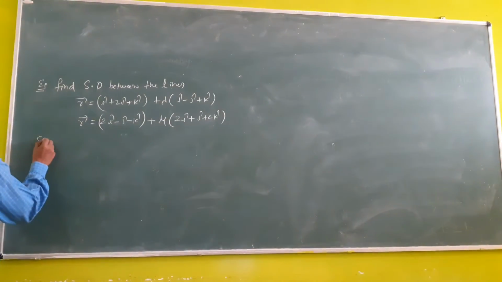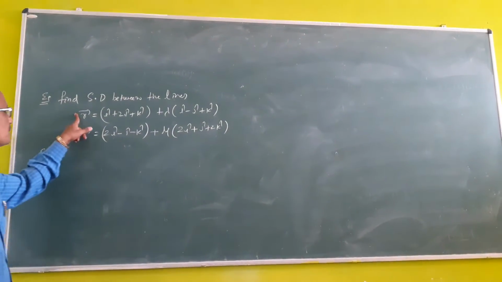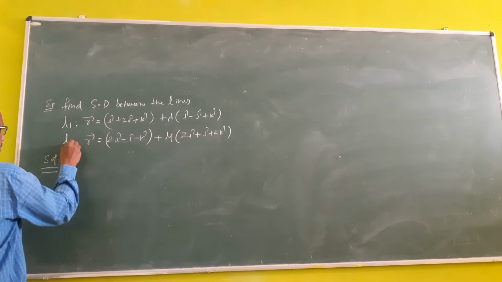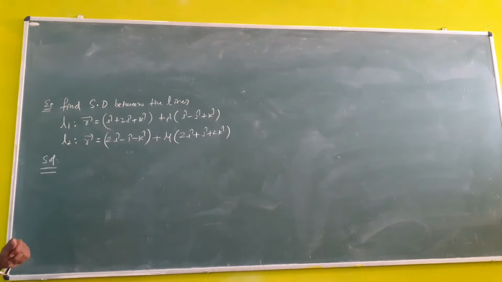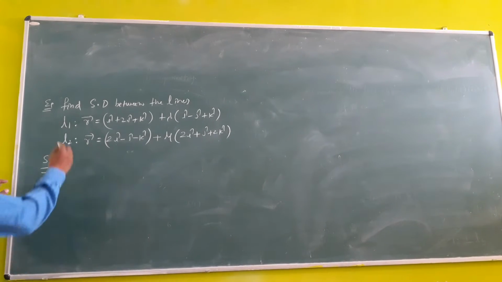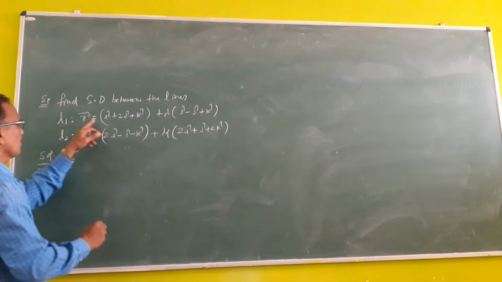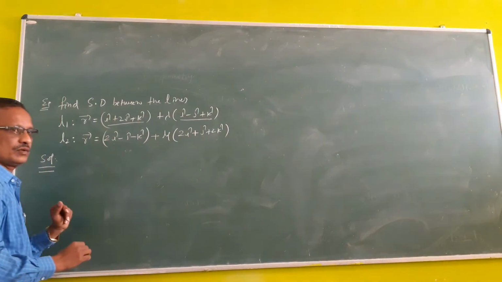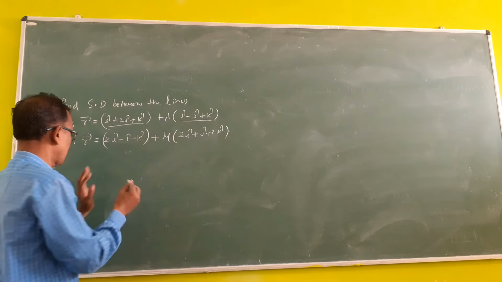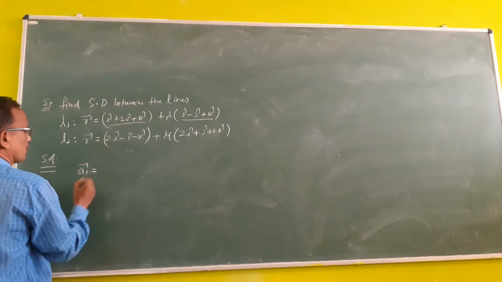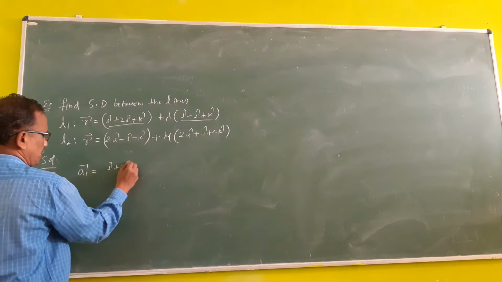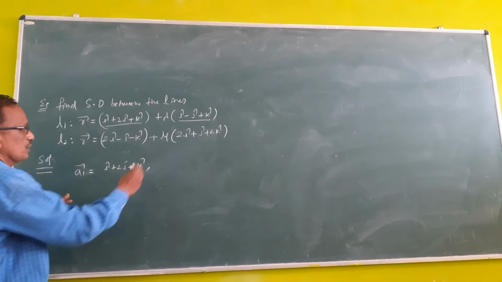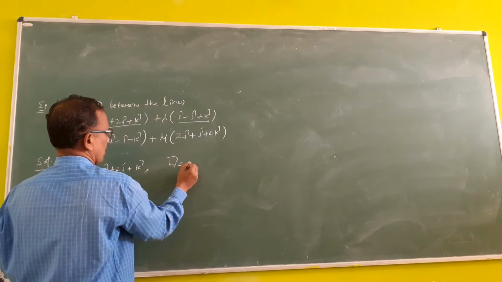Distance between two lines. This is line 1 and this is line 2. For L1 we write the fixed point and the parallel vector. A1 bar equal to i plus 2j plus k is the fixed point on line 1, and the parallel vector is B1 bar.